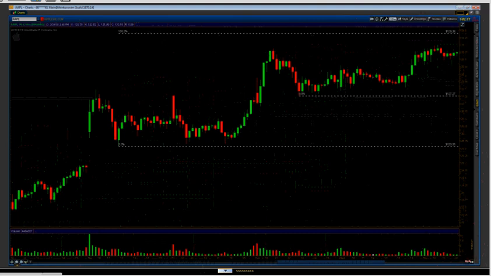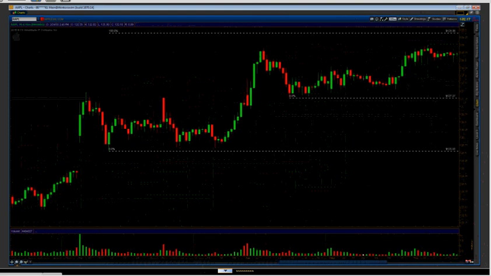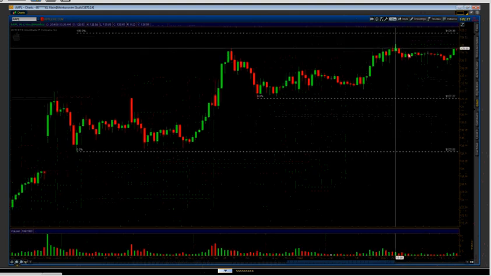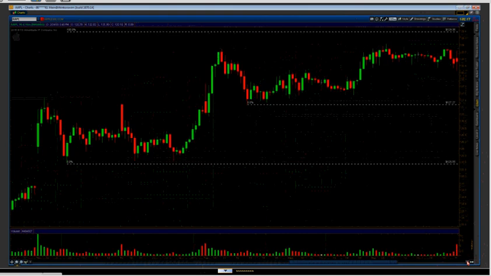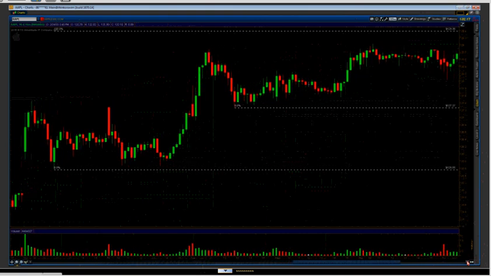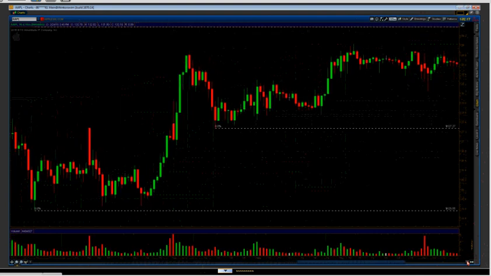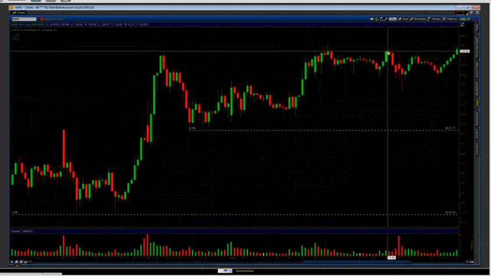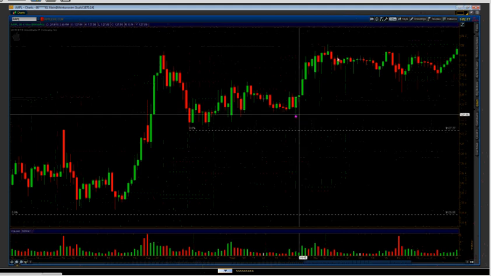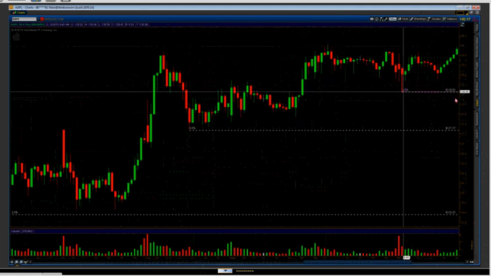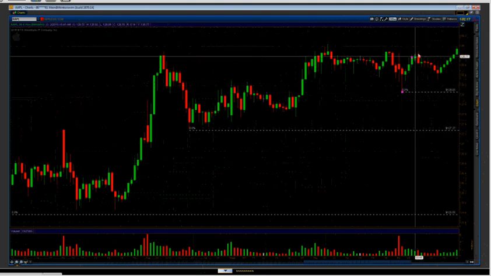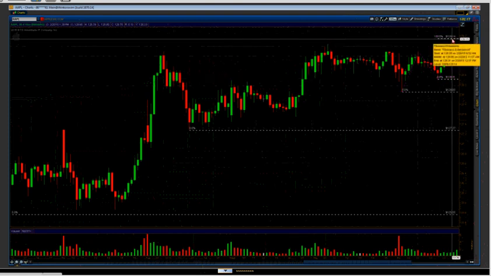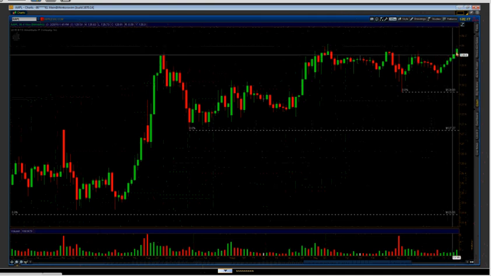Got a visible pullback there. Okay, this one would not have been tradable, but the other one would have on that candle's break right there.